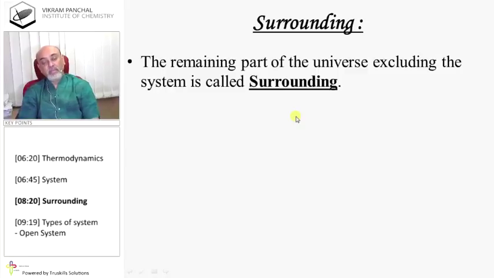Because in some cases the whole universe can be a system. So therefore we need to take the whole universe, because whatever change occurs within a given boundary will definitely affect the universe by small means or by large means. And that is why it is necessary to consider the whole universe.